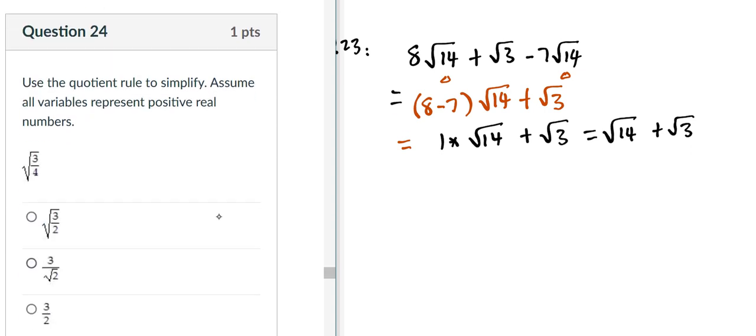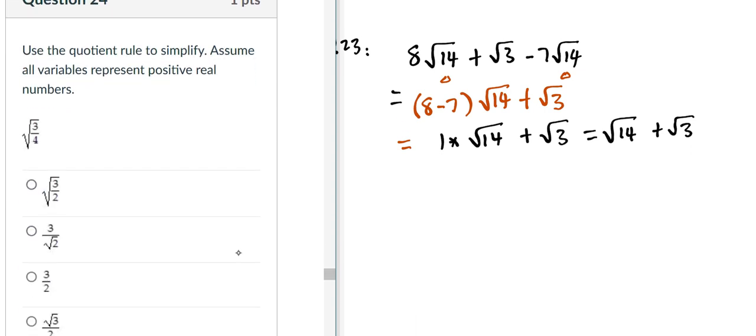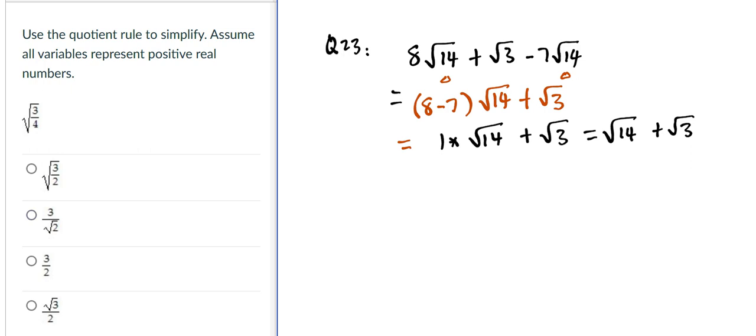Now, 24. We want to simplify that. It is not simplified because this radical sign is in the denominator. Normally, we do not want a radical in the denominator.